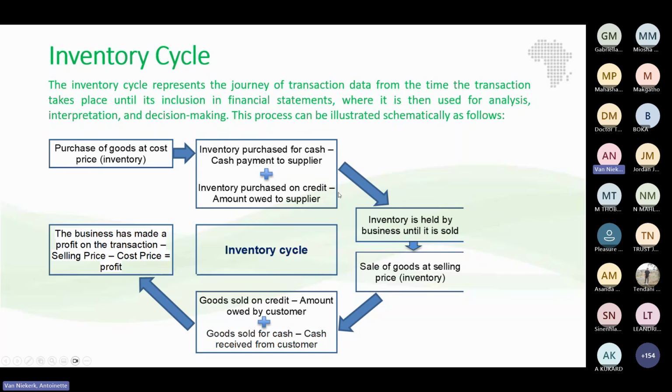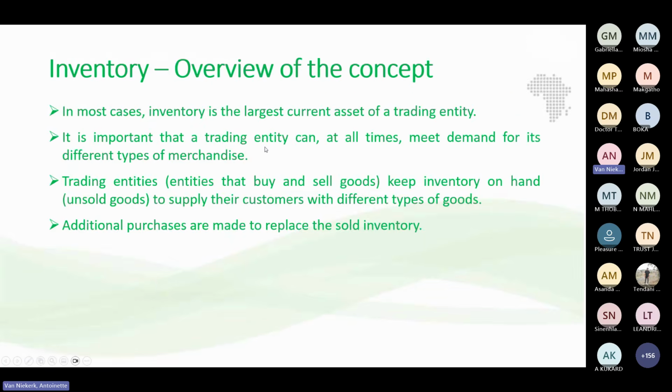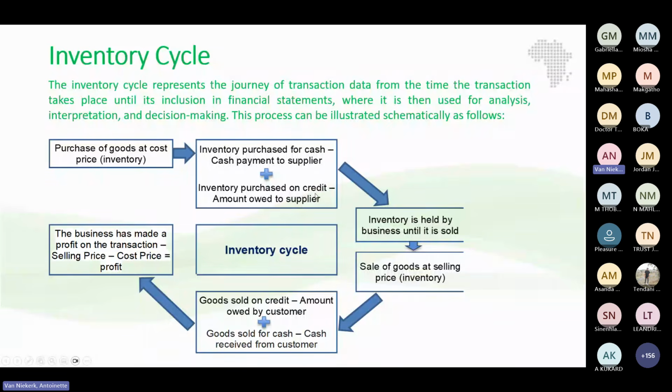But now it was on credit, so we already know the bank account is not applicable. Either the trade and other receivables account, which is your debtors account, or your trade and other payables account, which is your creditors account, will be applicable.